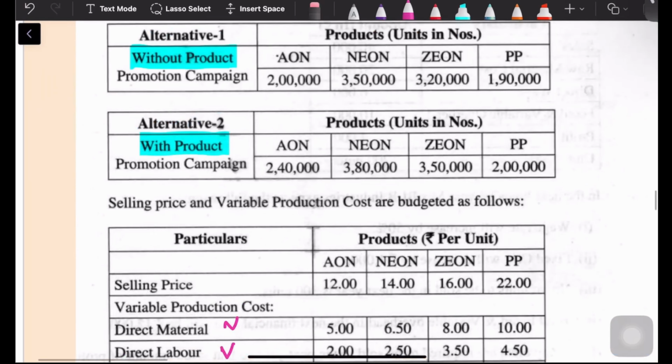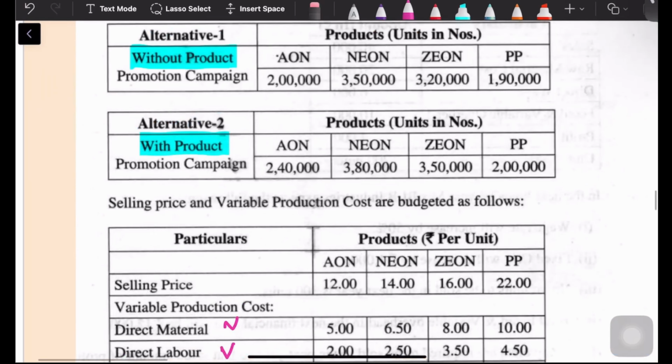So 240 into 0.7, I need 168 hours and I can maximum utilize this. So balance is 462 minus 168, I have 294.